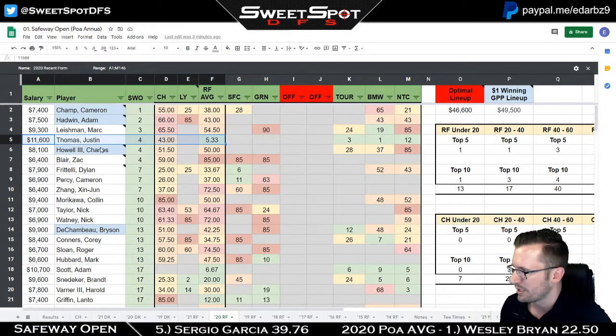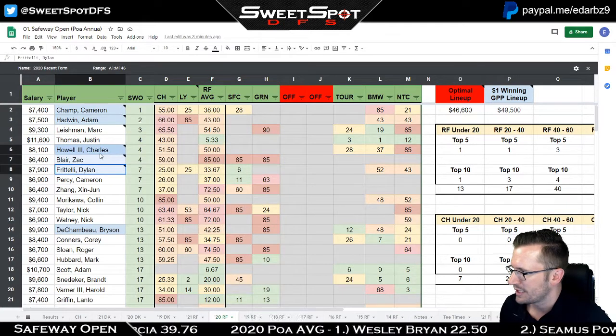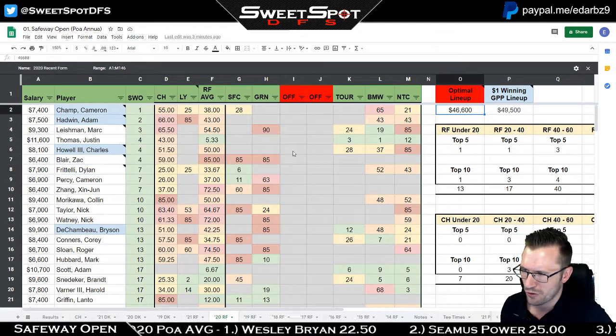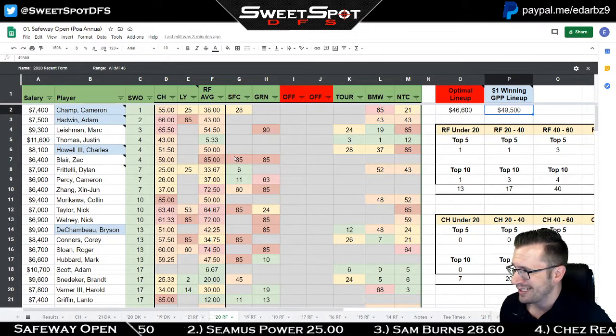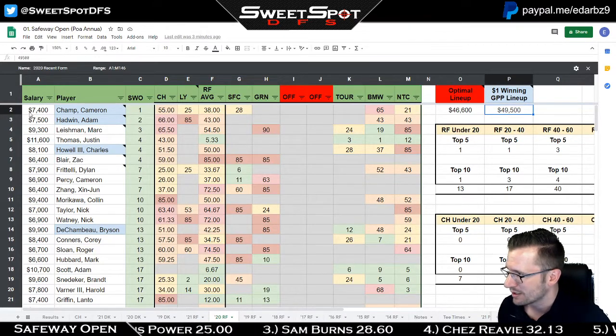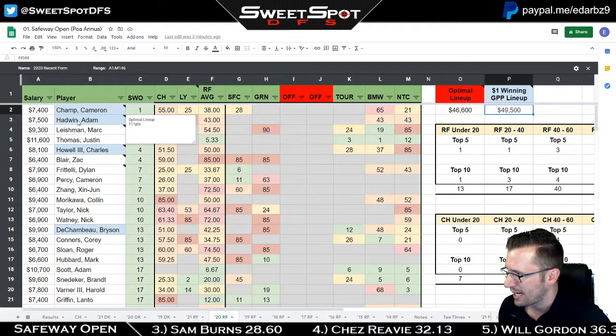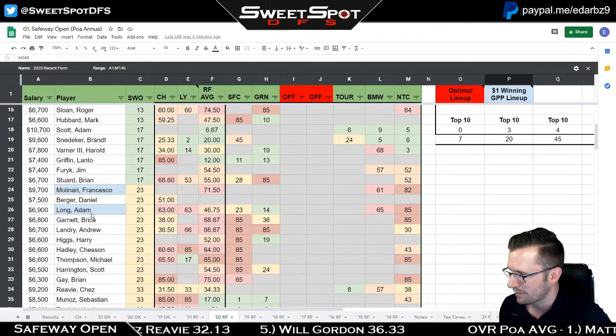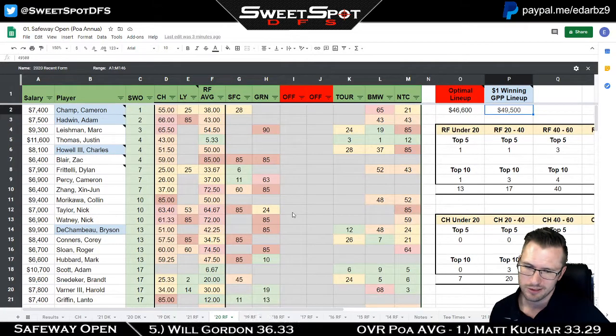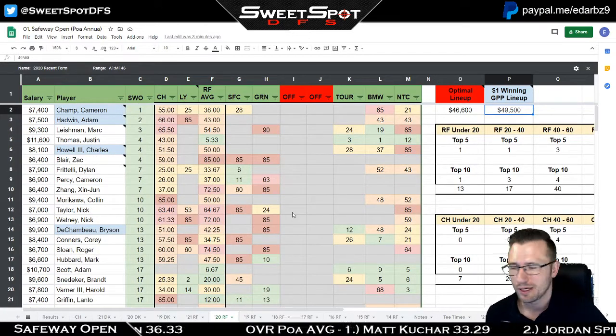The optimal lineup didn't even have left $3,400 on the table. The winning lineup for the $1 GPP didn't even have Justin Thomas in it either. It had Cam Champ, Adam Hadwin, Charles Howell III, Bryson DeChambeau, Francesco, and Adam Long. So not really the greatest lineup.